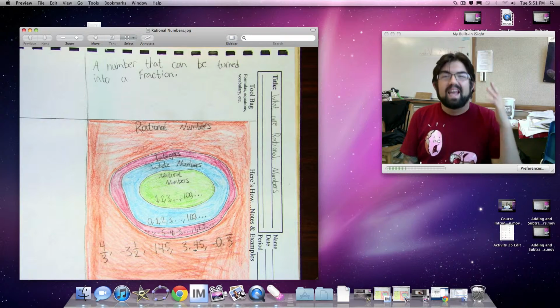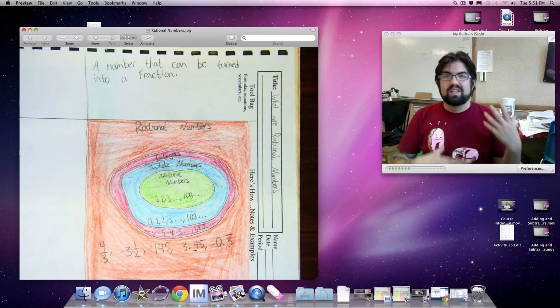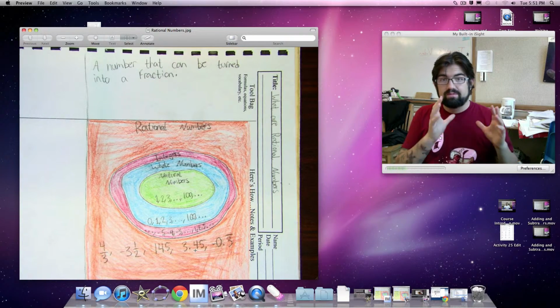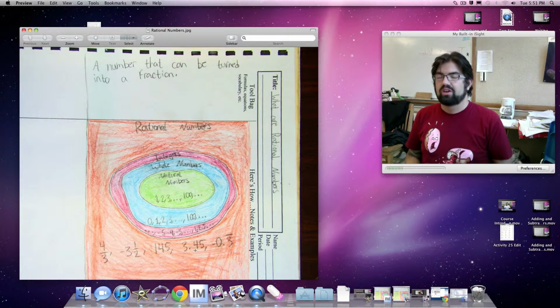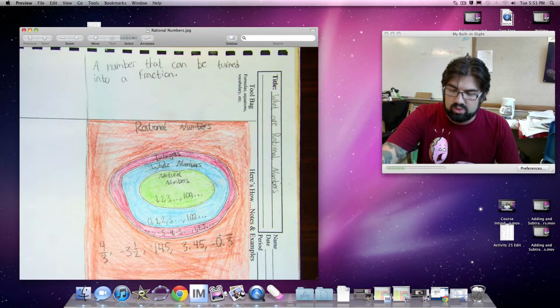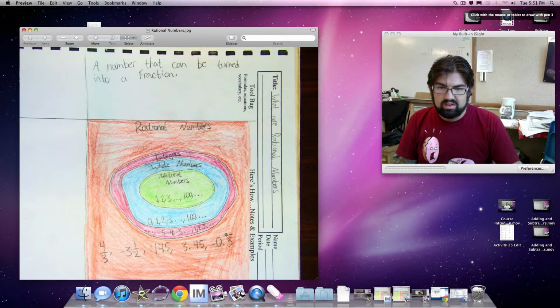3.45 can turn into a fraction. We're actually doing that in the next couple of days. We're going to be turning decimals into fractions. This thing right here, this one looks a little weird. This is 0.3 repeating. That's what that line means right there.